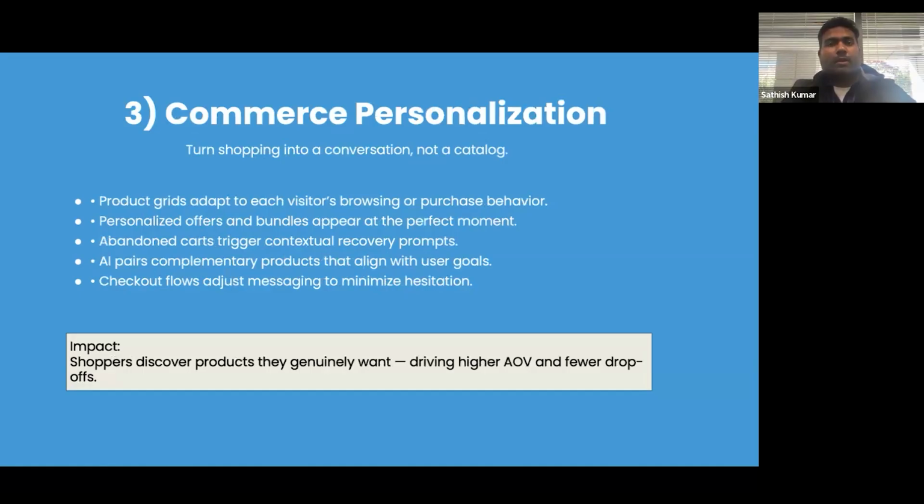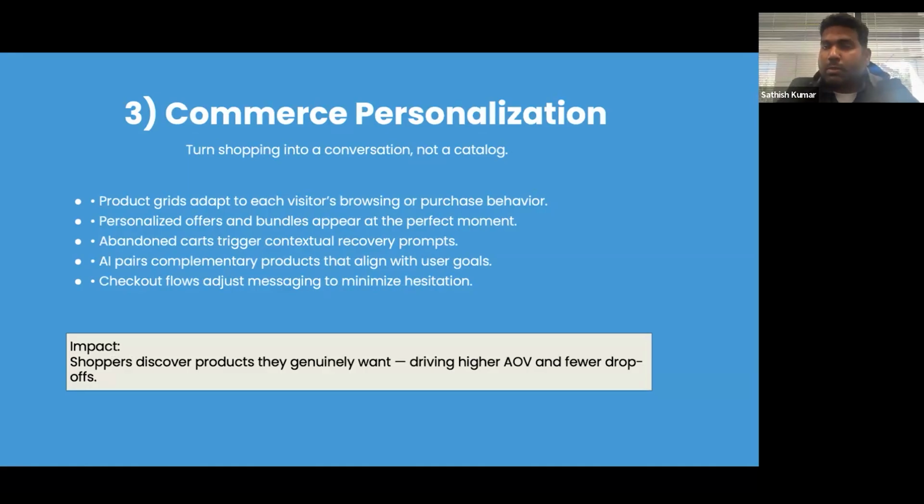And commerce personalization, definitely that's a big area. People who are coming to the site need to easily figure out the right products. And even if they are on the product page, they have to be shown the best accessory product. Even on the cart page, what would be the complementary product they can buy along with the items they are in the cart.